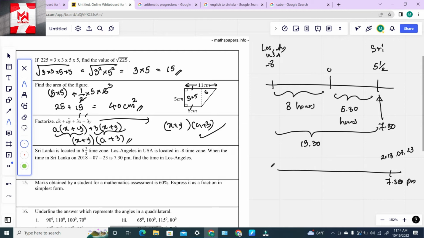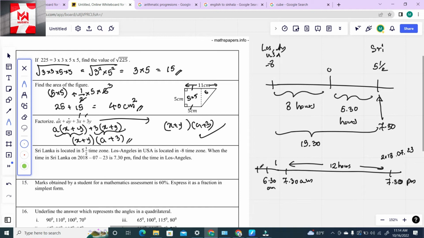If we consider just 12 hours, going back means the time is now 7:30 a.m. Another 1 hour, 6:30 a.m. But the total should be 13 hours and 30 minutes.